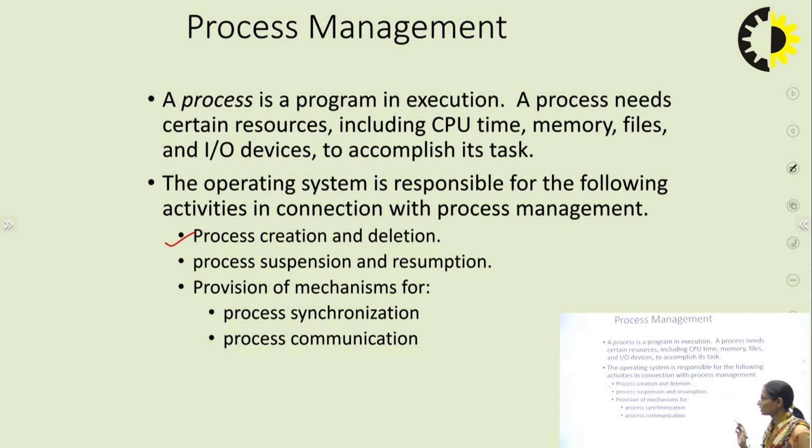then we have process suspension and resumption. For instance, when some input-output activity comes, the process needs to be suspended, and after some time, when the output activity is completed, it will resume its services. It also provides mechanism for process synchronization and process communication.